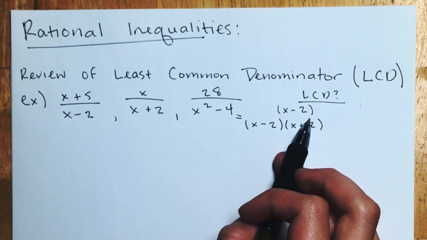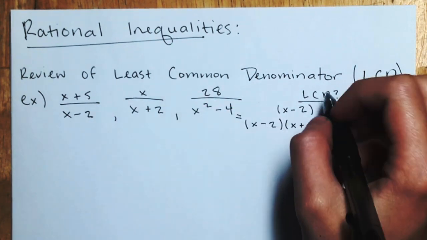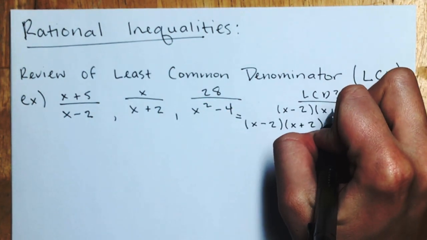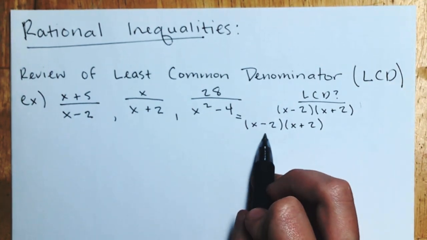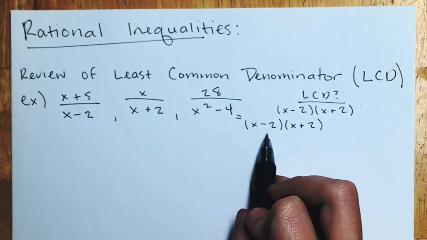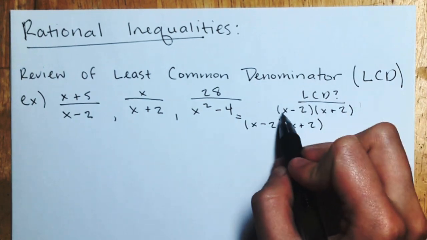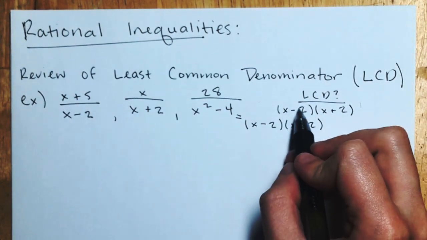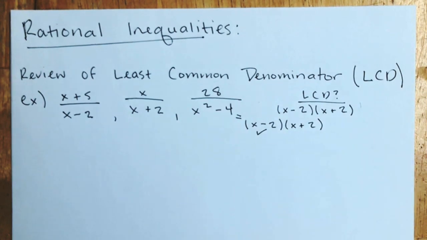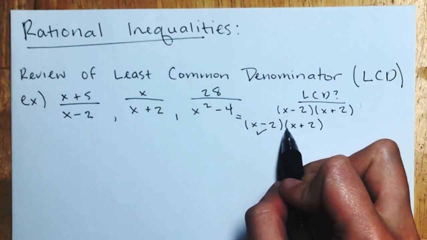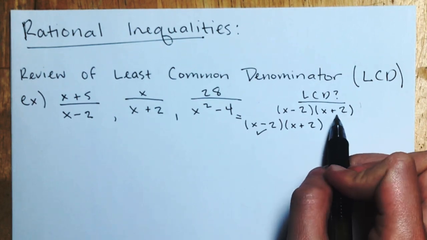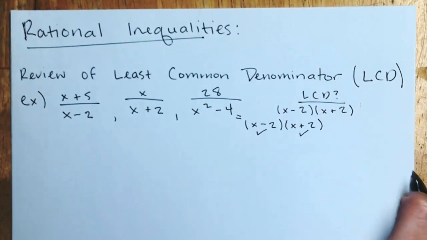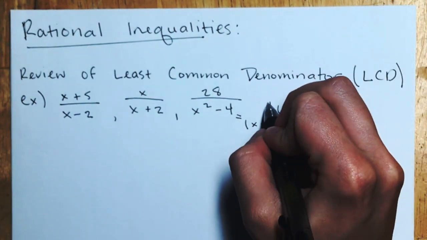We have x minus 2, but that's different from x plus 2, so we can collect this factor of x plus 2. Now I look at our next factor, and it's x minus 2, but I look back in my list, and that's already in there, so we're good with that one. Our next factor is x plus 2. I look back at what I've got already, that's already in there as well, so we don't need to add it, and this is my LCD.